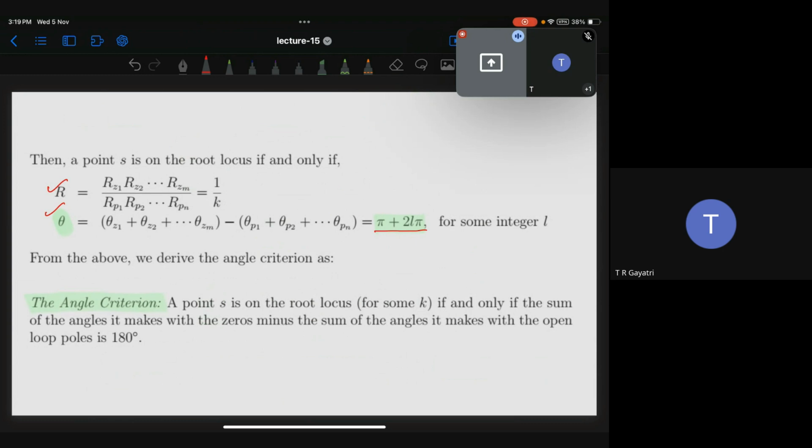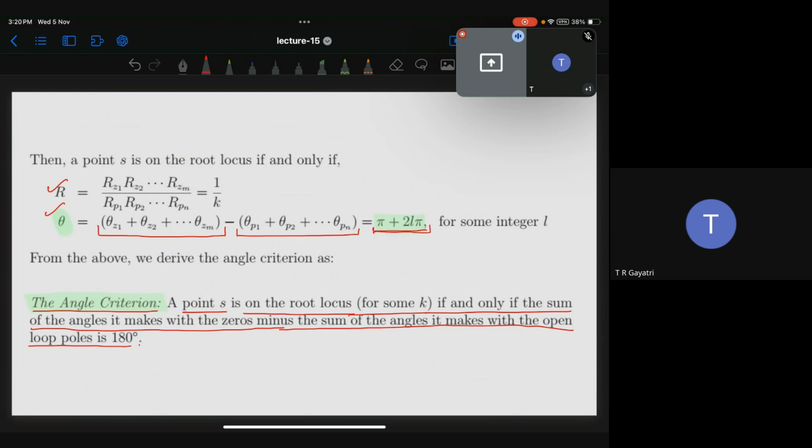Now you are going to define the angle criterion. The angle criterion says, if you want to say that a point is on the root locus for some value of k, it is if and only if the sum of all the angles that S makes with the zeros minus the sum of all the angles that it makes with the poles is equivalent to this expression, 180 degrees.